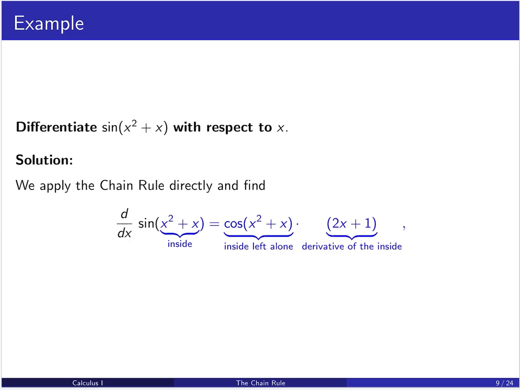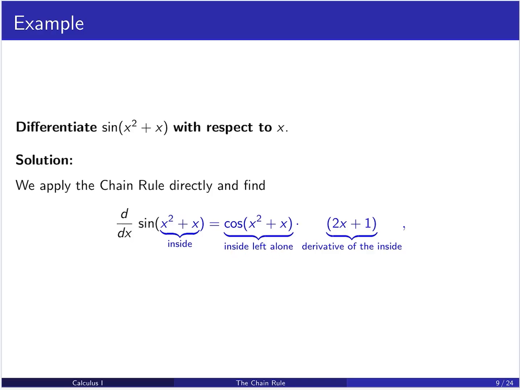Do not toss the inside. The inside, x squared plus x, goes in exactly as it is inside the cosine. So I have written here cosine of x squared plus x, not cosine x. The inside has not changed. This is where many students slip up for the first time.